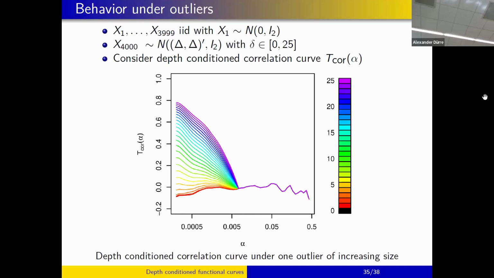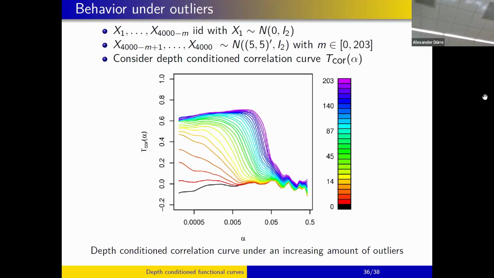And then you can also look at more outliers. So now basically the same setting. We start with the bivariate normal distribution. But now we don't add one outlier, but m outliers. And m is coded here. So black means no outlier. You already know this, roughly flat. And violet means 200 outliers.